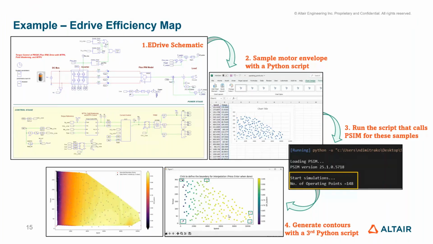Now, let's say that one of your operating points didn't achieve steady state effectively, or you see some weird results. This would ruin your contour map, and then debugging wouldn't be so easy. You would have to find this specific point, open it, see what is wrong, and so on.